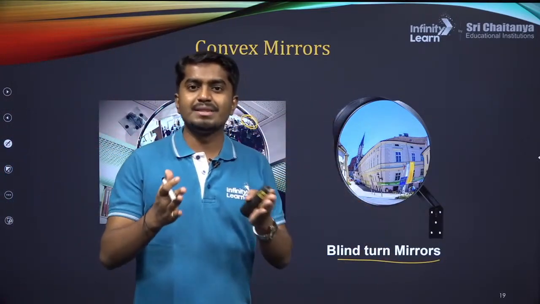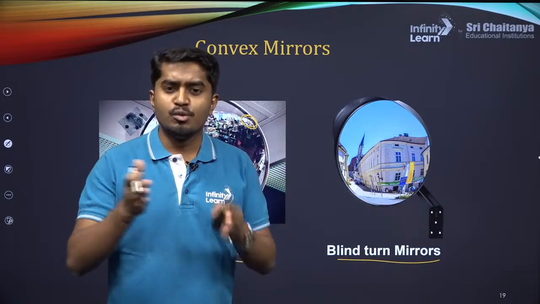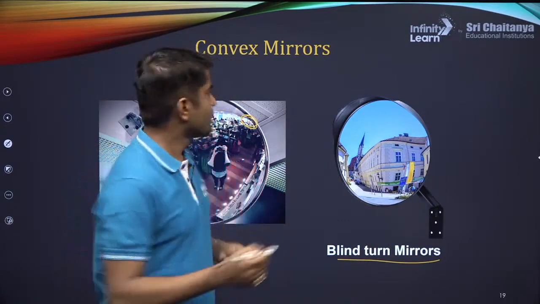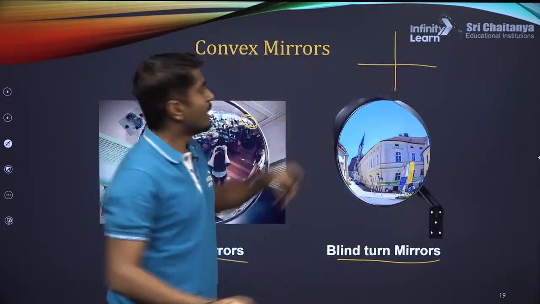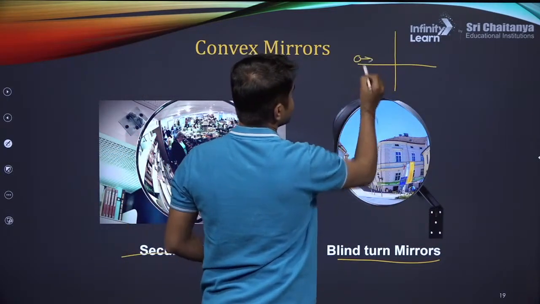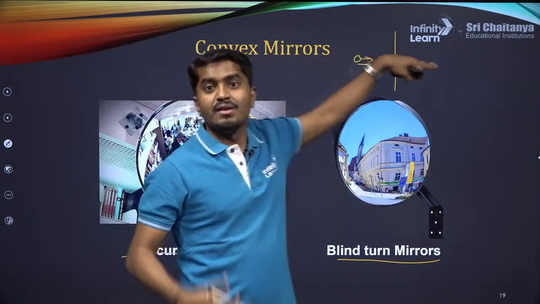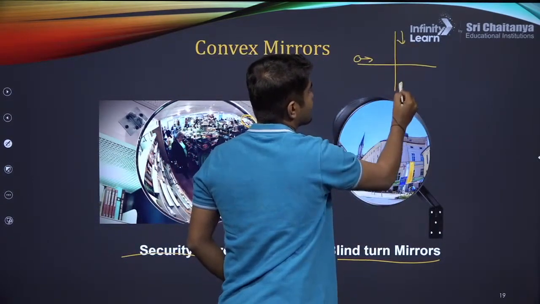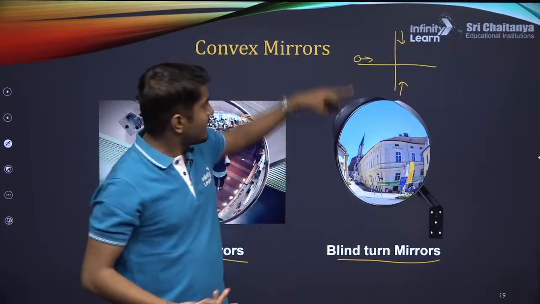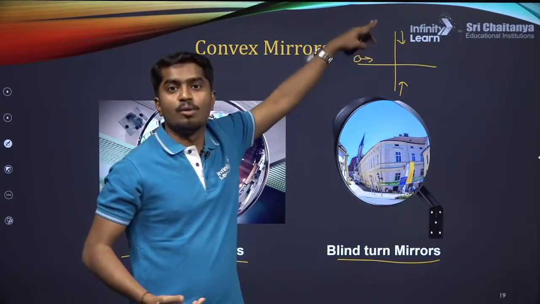So sometimes what happens, the roads are very narrow, बहुत छोटे छोटे पतले पतले रोड होते हैं, है ना, and if the roads are crossing at 90 degrees, अगर यहाँ से कोई vehicle आ रही है, so this vehicle, मतलब इसको पता ही नहीं चलेगा if there is something coming from this side or this side. No way this person can see these objects.